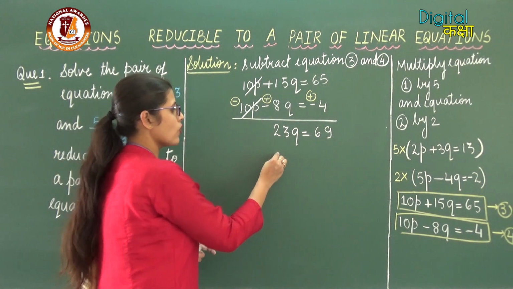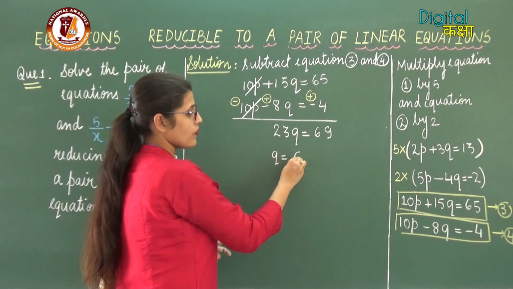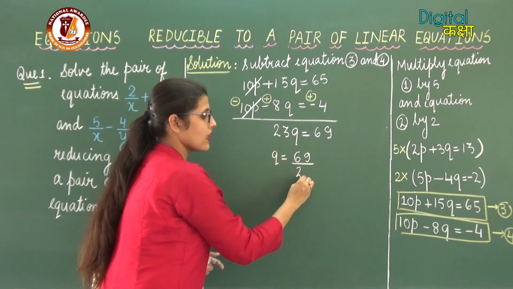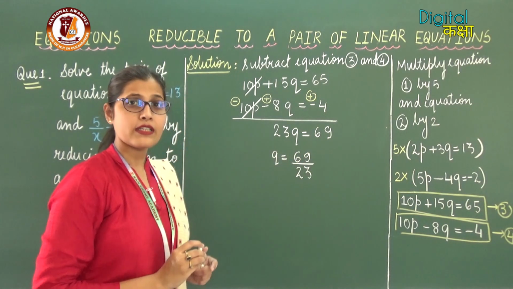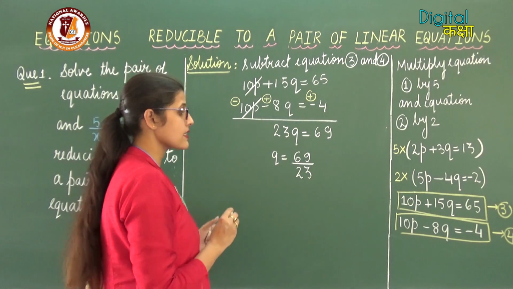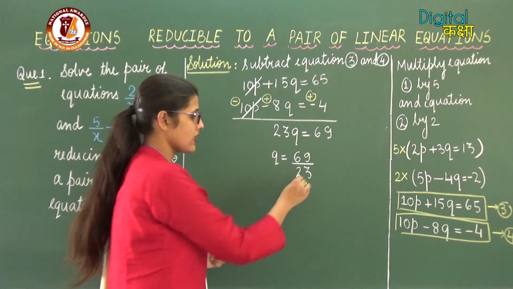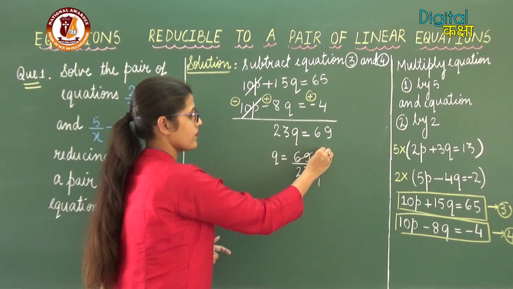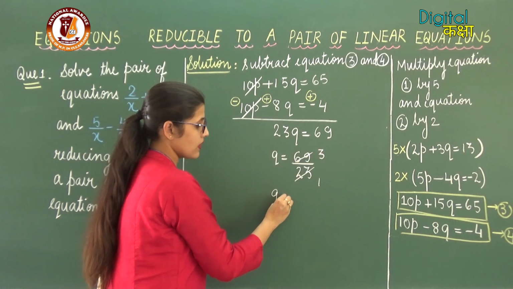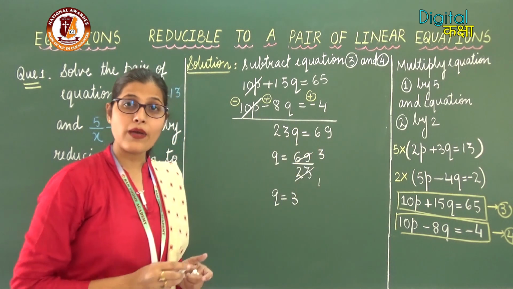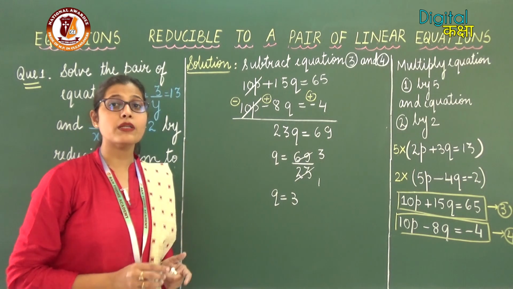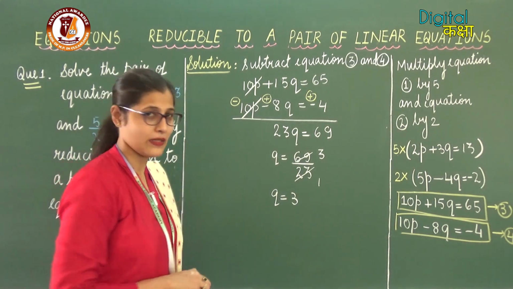We need the value of q, so we will shift 23 to the denominator. Now we will divide 69 by 23, so our value will be 3. Thus we got the value of variable q as 3.